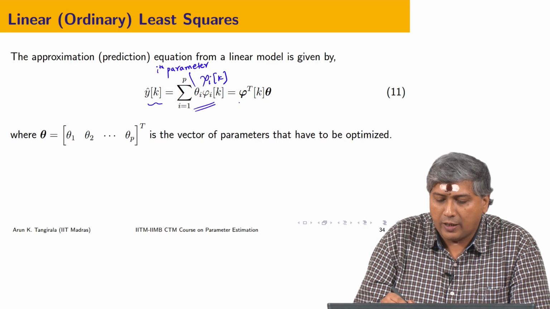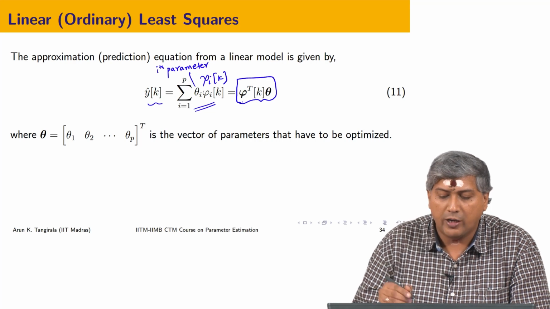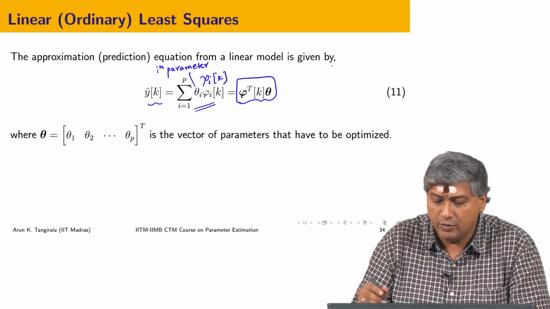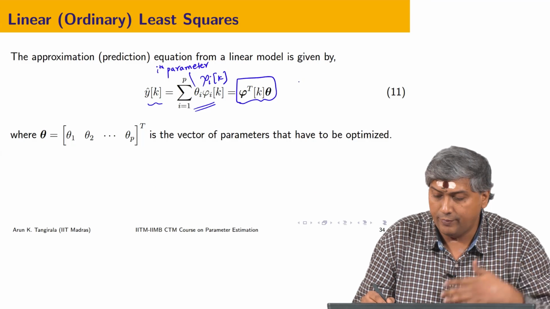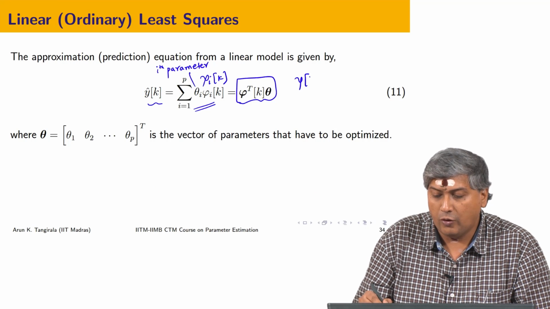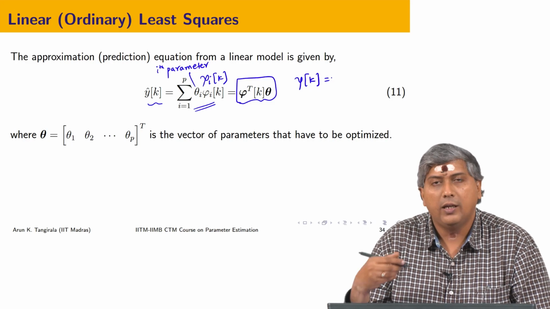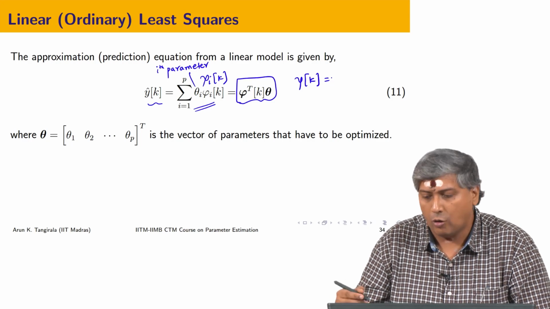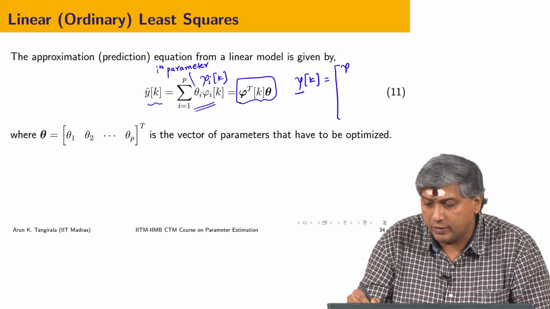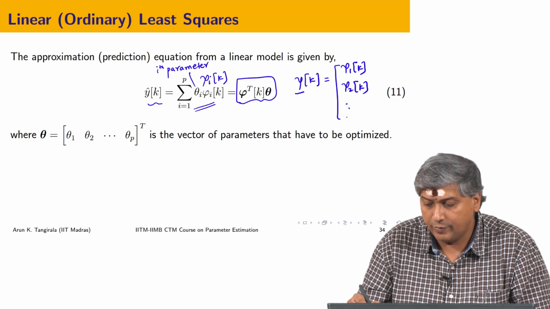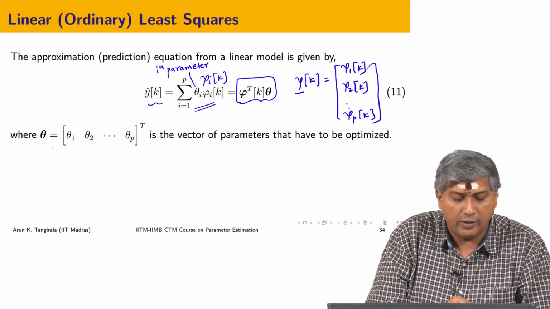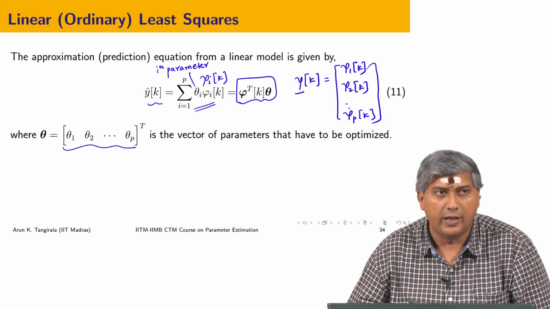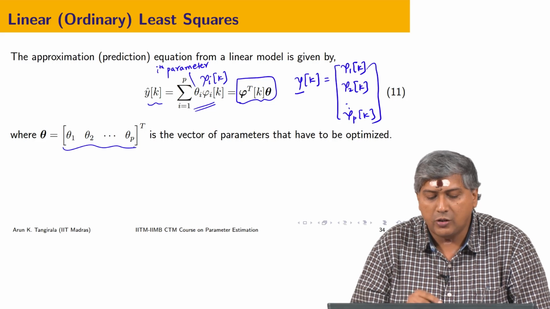Very often it helps writing this y hat k as a product of vectors. So, what is this psi transpose? The psi transpose is this vector. First of all, what is psi? By default in our discussions and also in the literature, vectors are column vectors. So, this vector of regressors is essentially a column vector of the individual ones. And theta of course is the column vector of parameters given here, and you must verify that dimensionally things are matching.